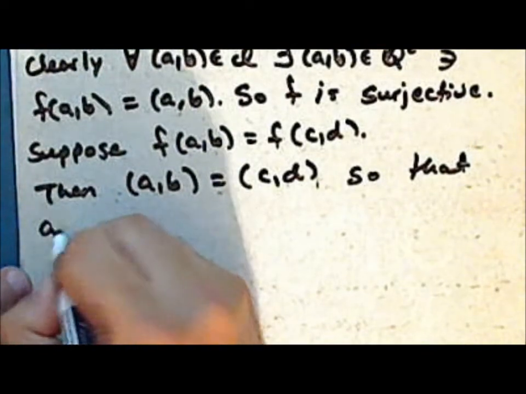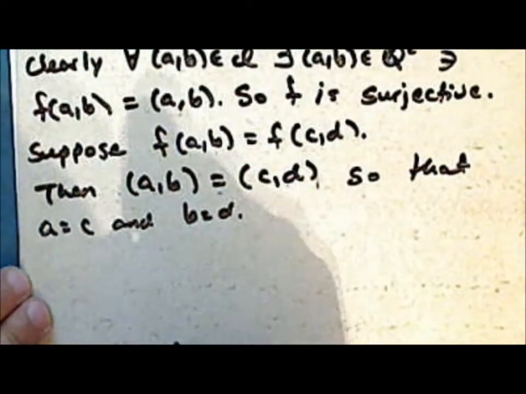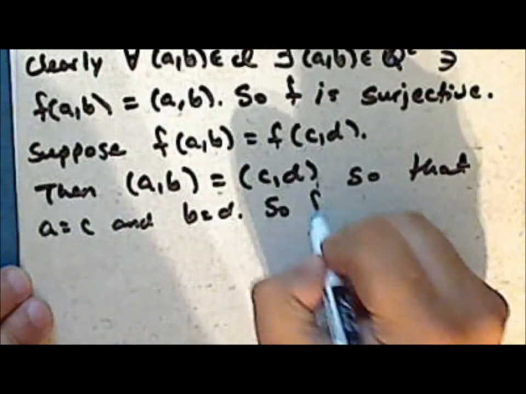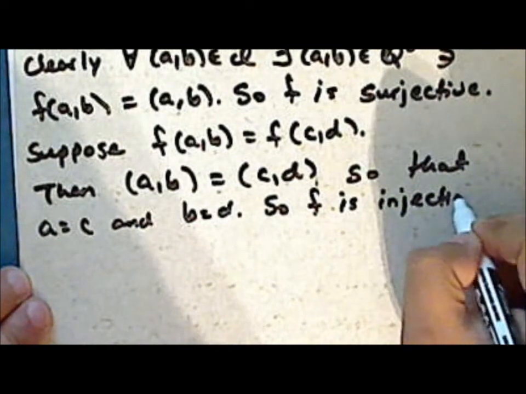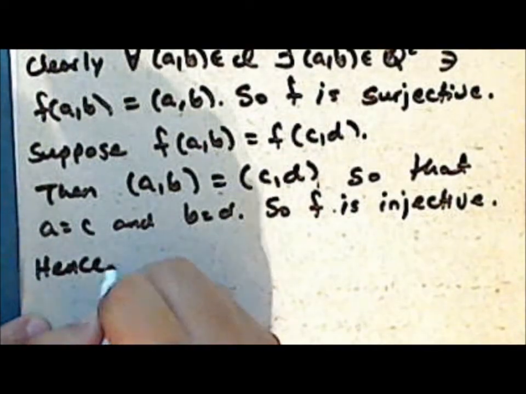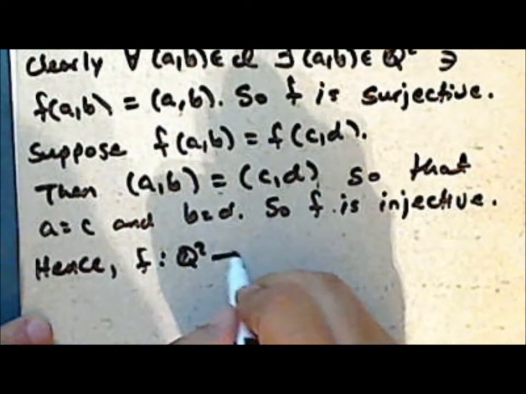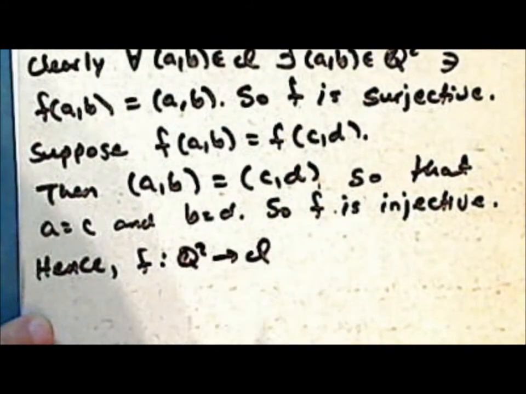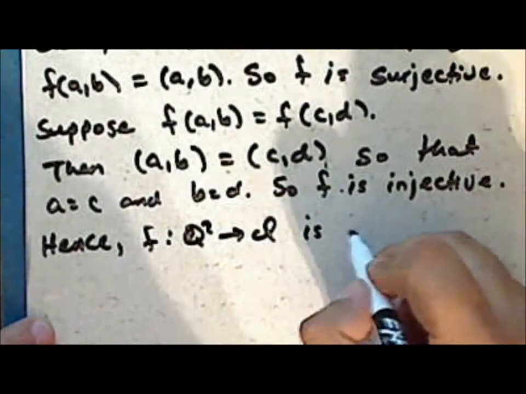That is, a is equal to c and b is equal to d. And so the function f is injective. And so the function f, again, a map from ordered pairs of rational numbers into the set of intervals having as its endpoints rational numbers, is a bijection.